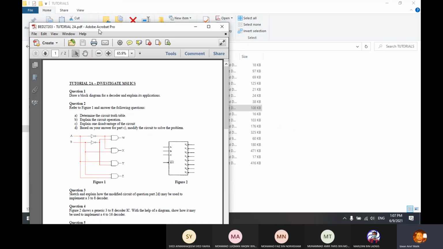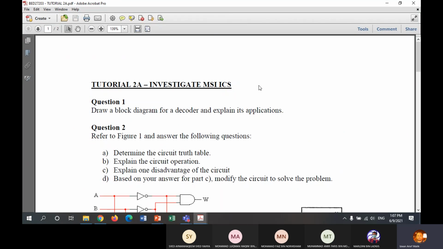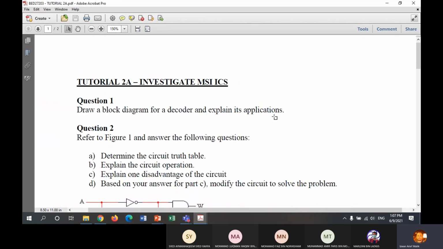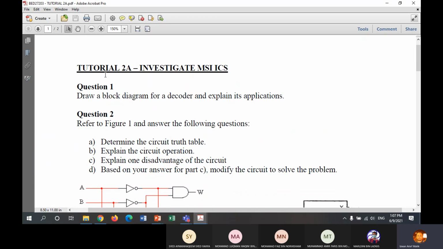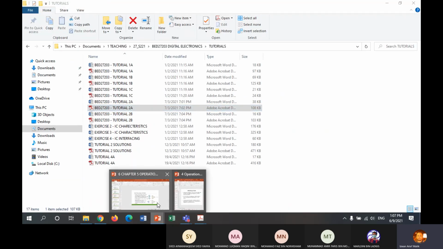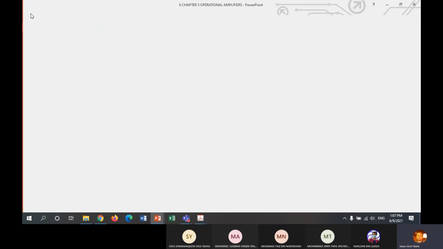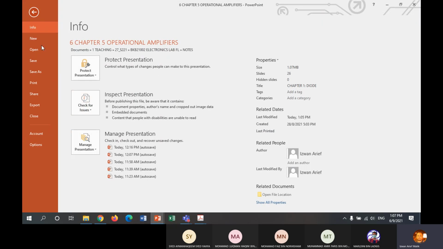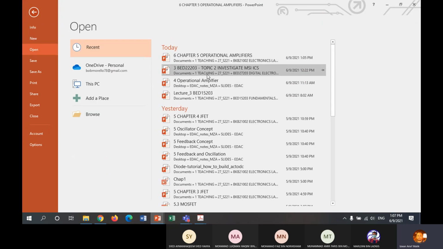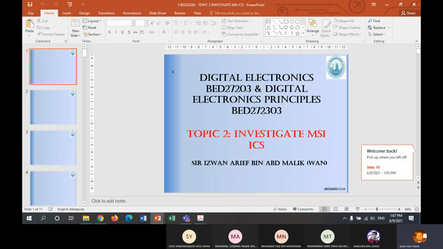Alright, so this is the question. Investigate the MSI ICs. So dia tanya, draw a block diagram for a decoder and explain its application. So itu memang ada dalam nota saya lah.